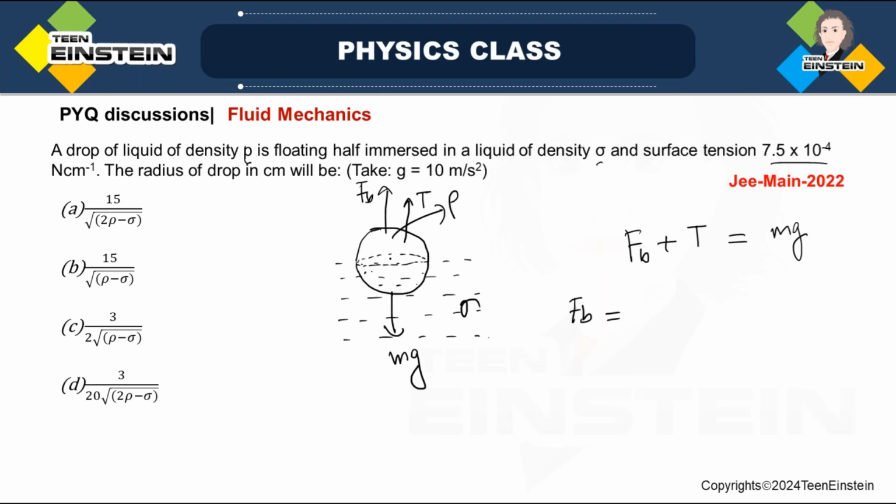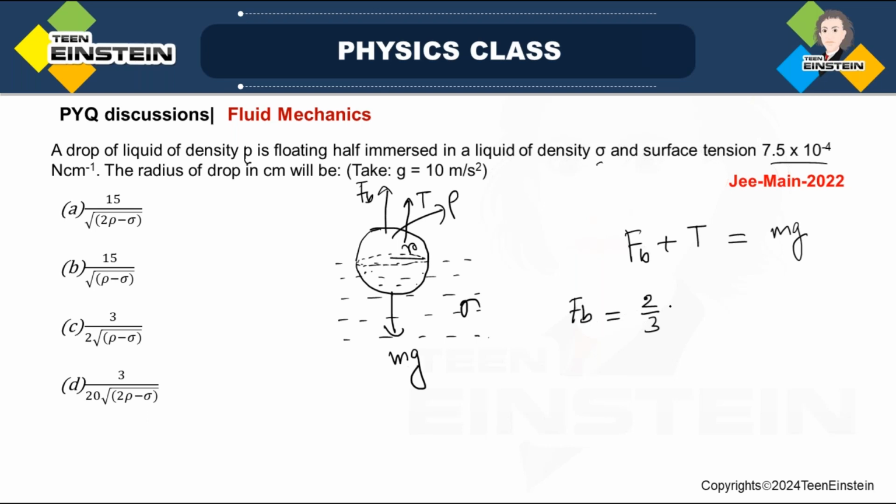If I say the radius of this is small r, then I can take this as 4 by 3 into half, as I am taking a hemisphere.